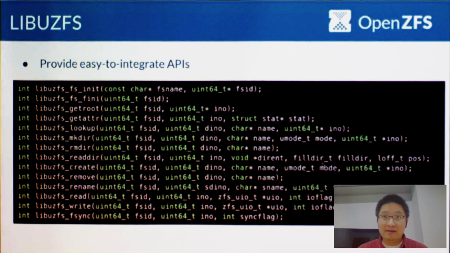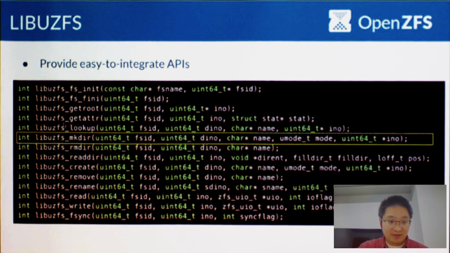After putting the GPL code into libzq, we also provide a separate library named libuzfs, which provides APIs for the app layer to use. This kind of API is actually just a wrapper, and makes it very easy to integrate at the app layer.